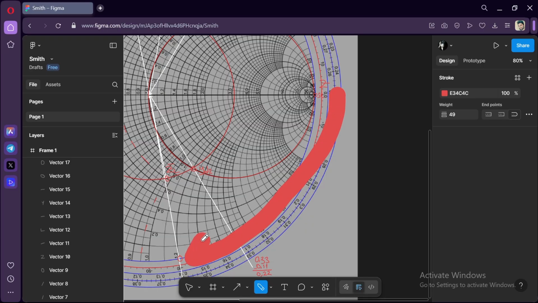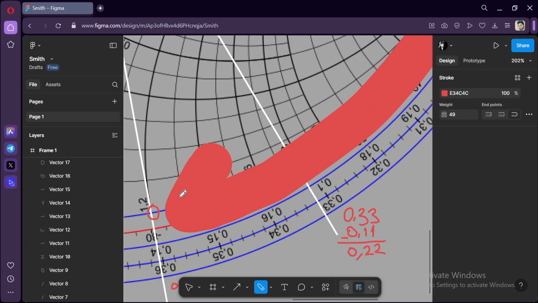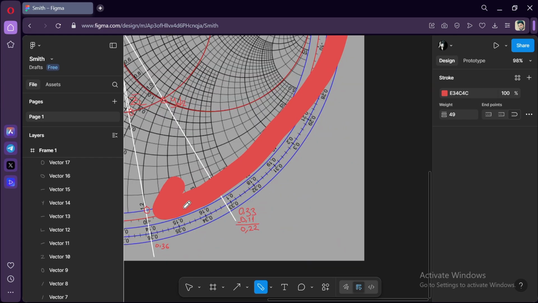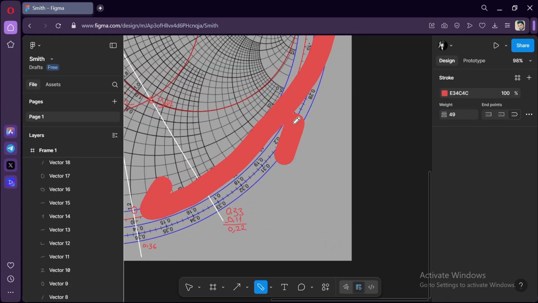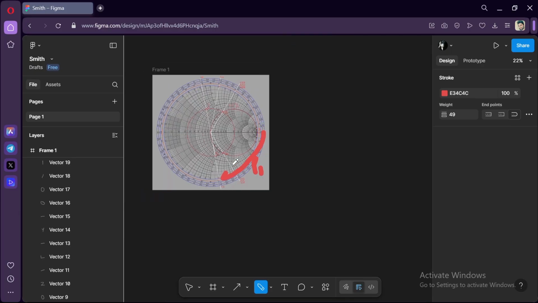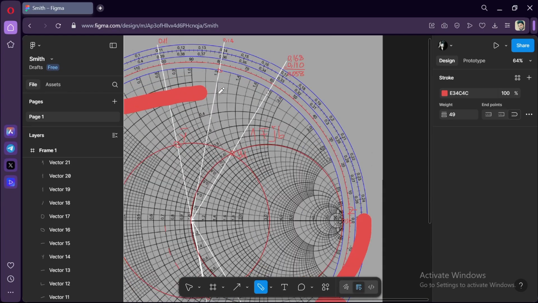This distance is L1, until this imaginary value. This is L1, okay? And if you keep going, after a full rotation, this is L2.